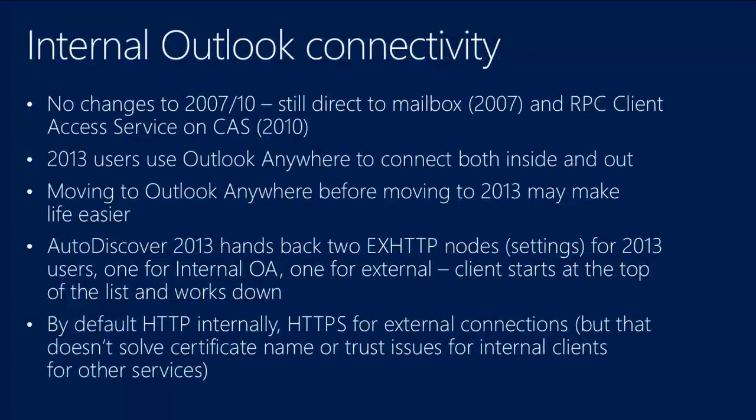Now, one thing that we did do as well for internal Outlook Anywhere connectivity is we made the default HTTP rather than HTTPS. And it was primarily to get over the issue with self-signed certificates and being unable to connect because your Outlook client doesn't trust a self-signed certificate on CAS. That was really the core problem because we took the route of doing self-signed certs in Exchange a few years ago.